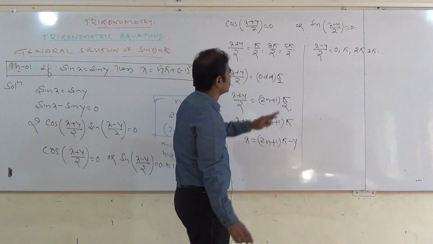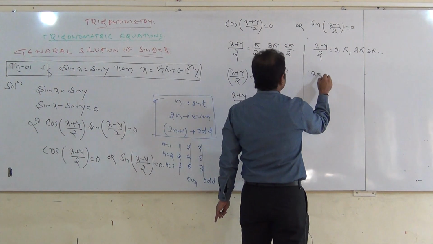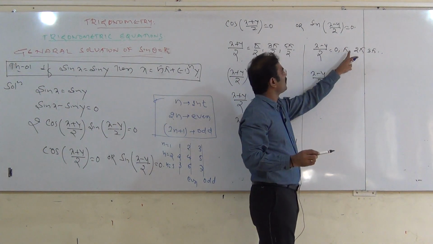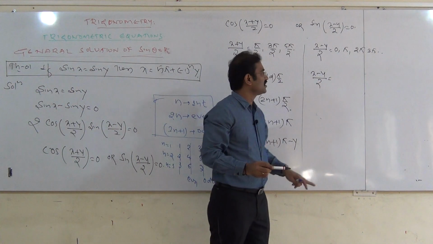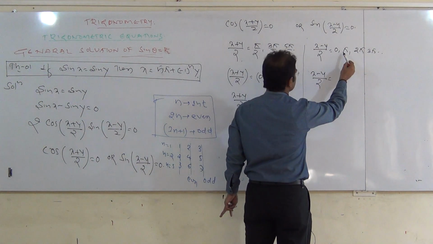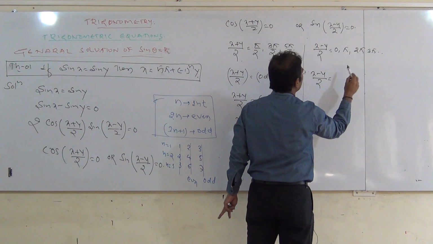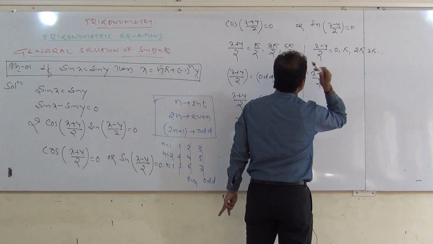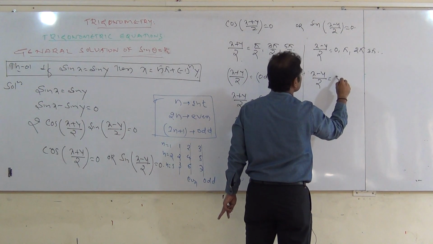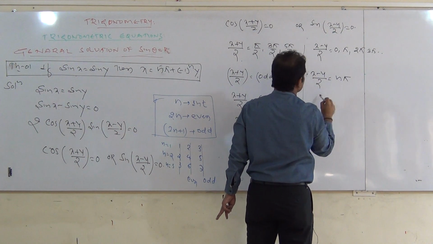On the other hand, if you observe (x minus y) by 2, it is 0, pi, 2 pi, 3 pi. So what do you write? This one is an integral multiple of pi. Integral multiple of pi means it is n pi.